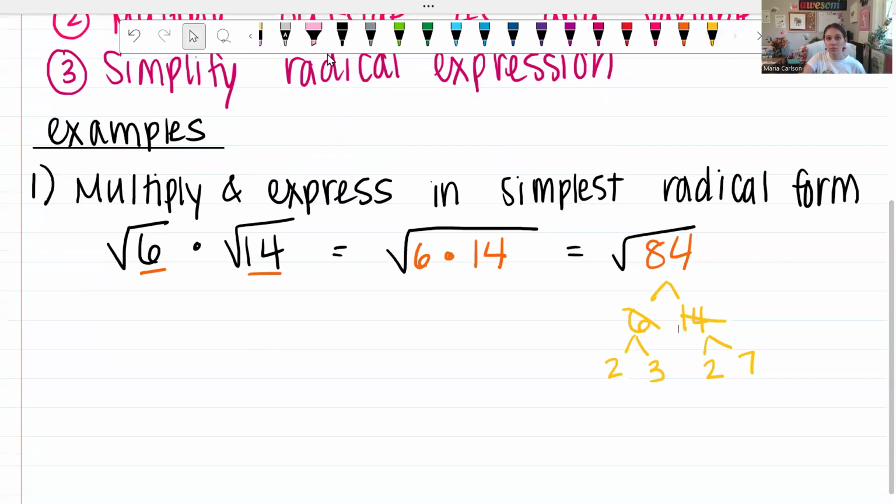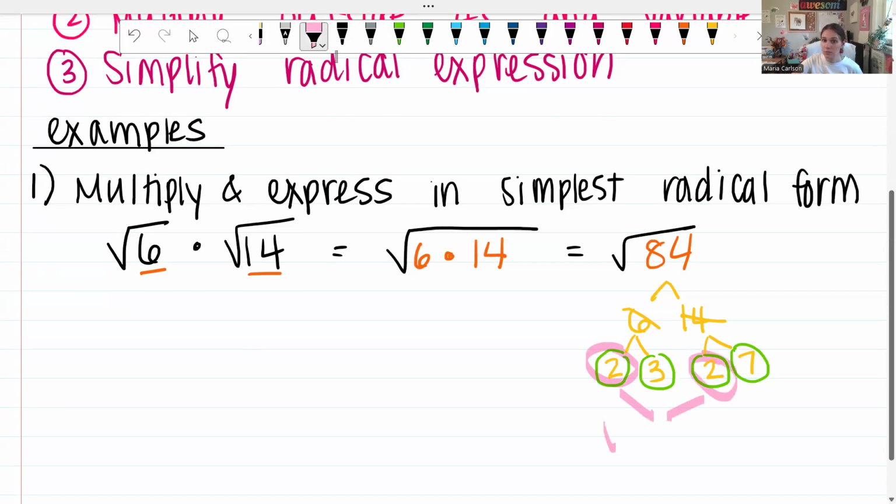And now looking at all of the numbers I have left, all of these numbers cannot be broken down any further. So if I'm going to simplify this radical, the square root of 84, I have a pair of 2's, I have two 2's, which means I can have one 2 outside our radical to represent that one pair of 2's.